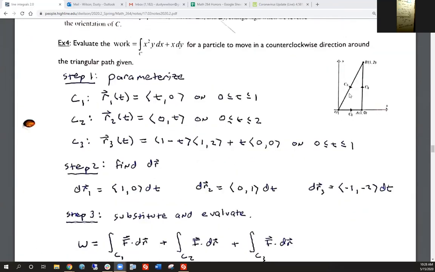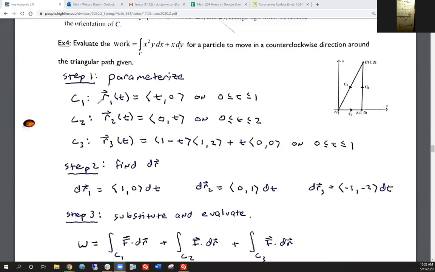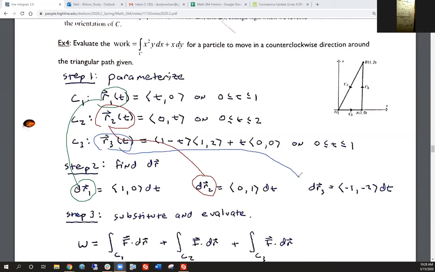Okay, so in this particular case, we parametrized all three curves, and the other thing I wanted to point out here is that you're going to end up with an R1, and that's going to generate a DR1. And then you're going to have an R2, and that's going to give you a DR2. And then you'll have an R3, and that will give you a DR3.